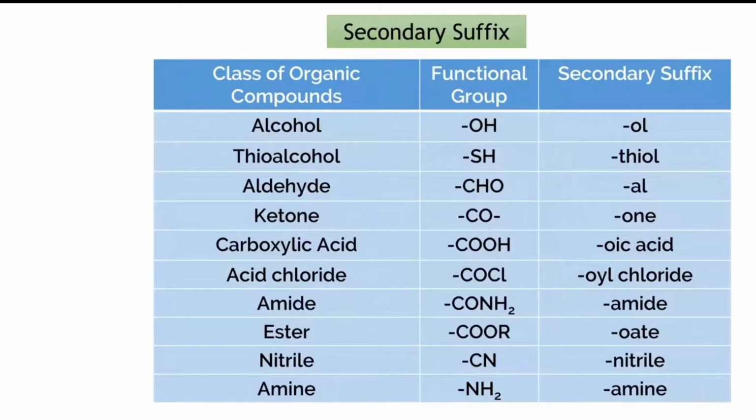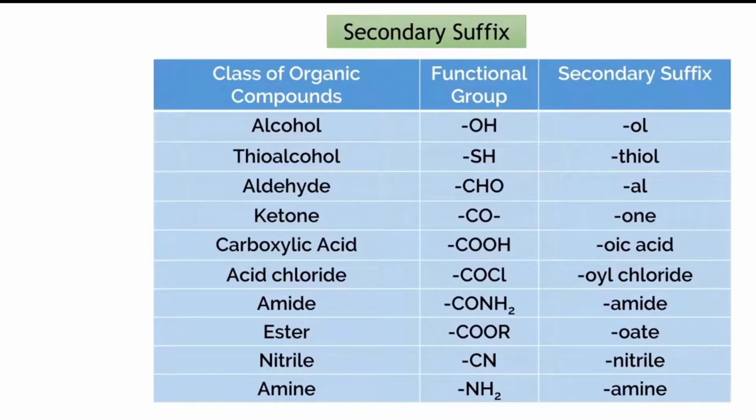For alcohols, it should be OL. If it is AL, then it is aldehyde, it's not alcohol. If it is thioalcohol, it is thiol. If it is carboxylic acid, it is oic acid. So, all these secondary suffixes which you see in the last column are the ones which you have to write down at the end of an organic compound.